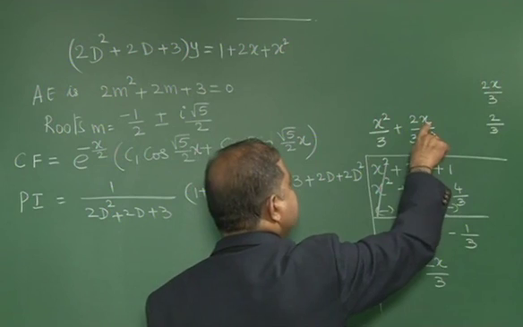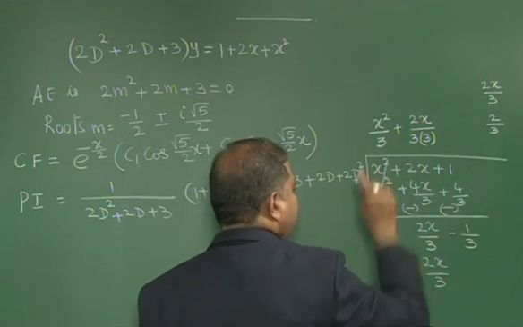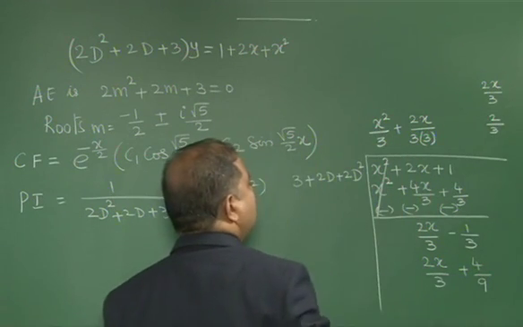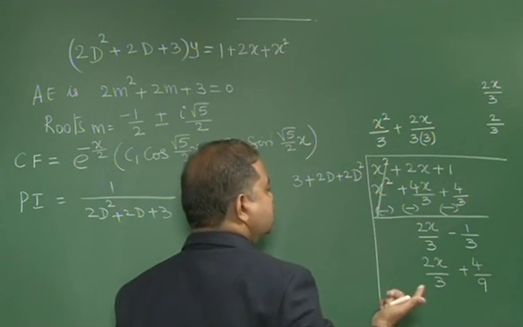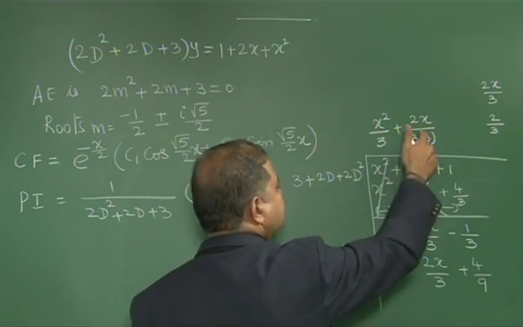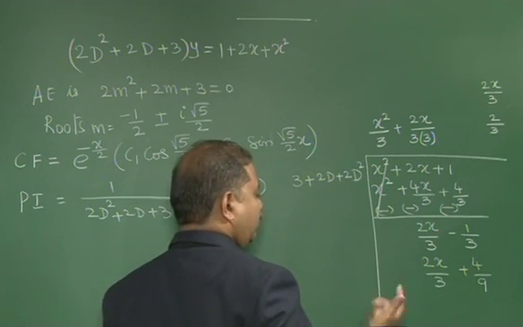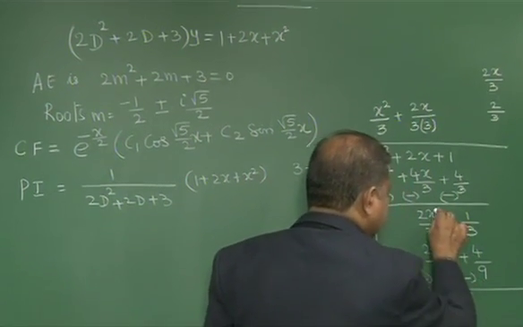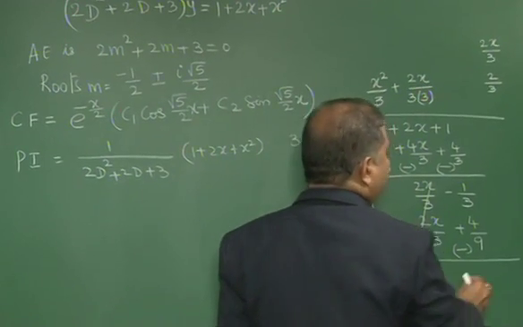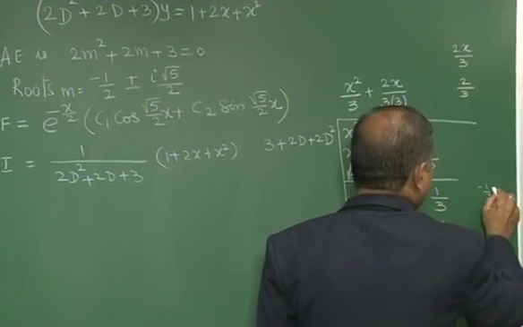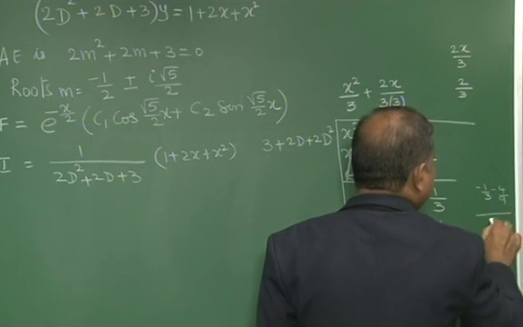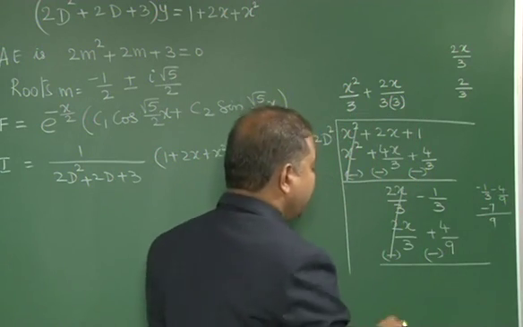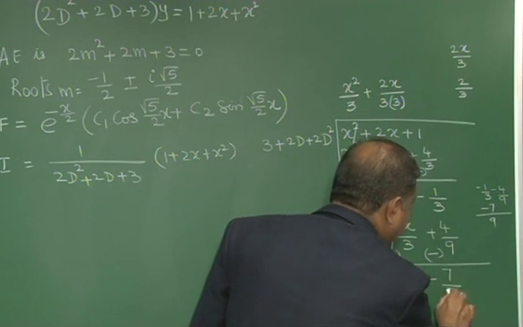Only one time differentiation, 2 into 2 by 9, so plus 4 by 9. Carefully observe, D square of this, two times differentiation, becomes 0. Now again change the sign, minus, minus gets cancelled. In the rough column, you can simplify: minus 1 by 3 minus 4 by 9, LCM is 9, minus 3 minus 4, so it becomes minus 7 by 9.